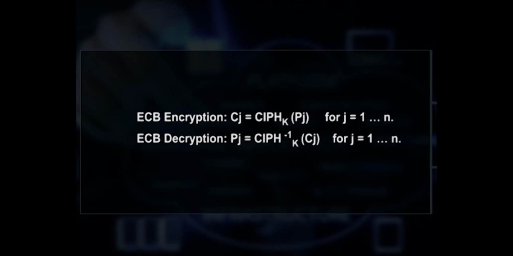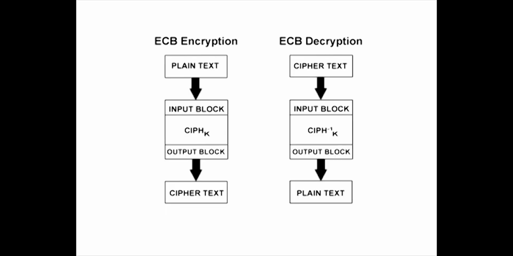In ECB decryption, the inverse cipher function is applied directly and independently to each block of the ciphertext. The resulting sequence of output blocks is the plaintext. In ECB encryption and ECB decryption, multiple forward cipher functions and inverse cipher functions can be computed in parallel.